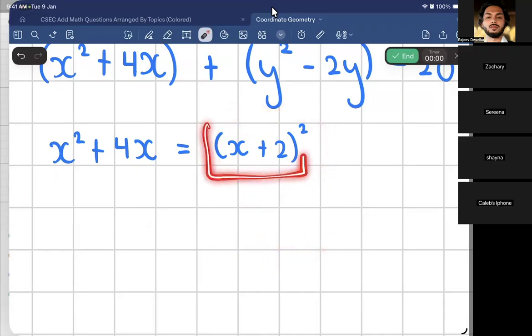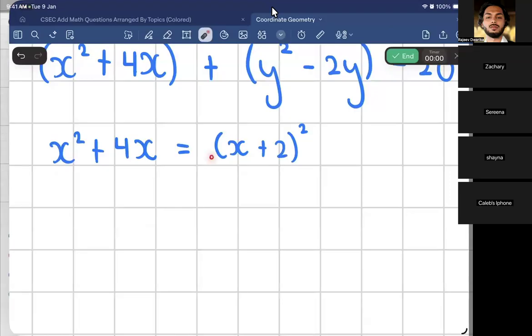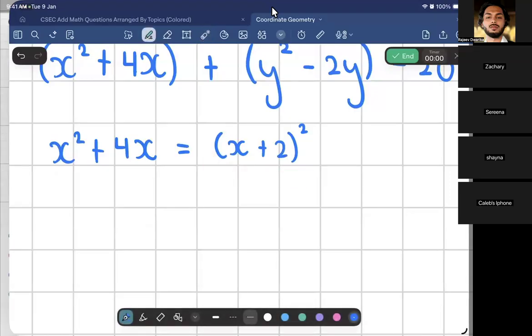If you don't think about it too hard, you might be tempted to say x plus 2 squared is x squared plus 4, right? Maybe. But you're better than that. If I were to expand this, what would I get?